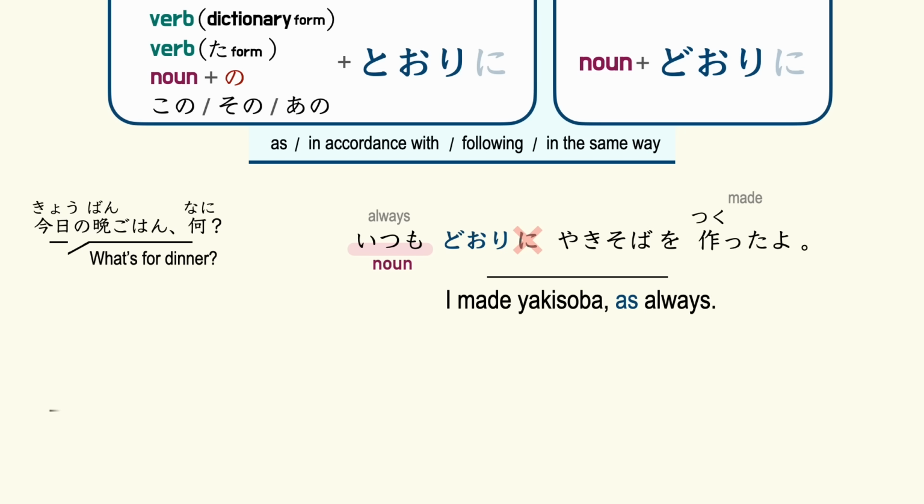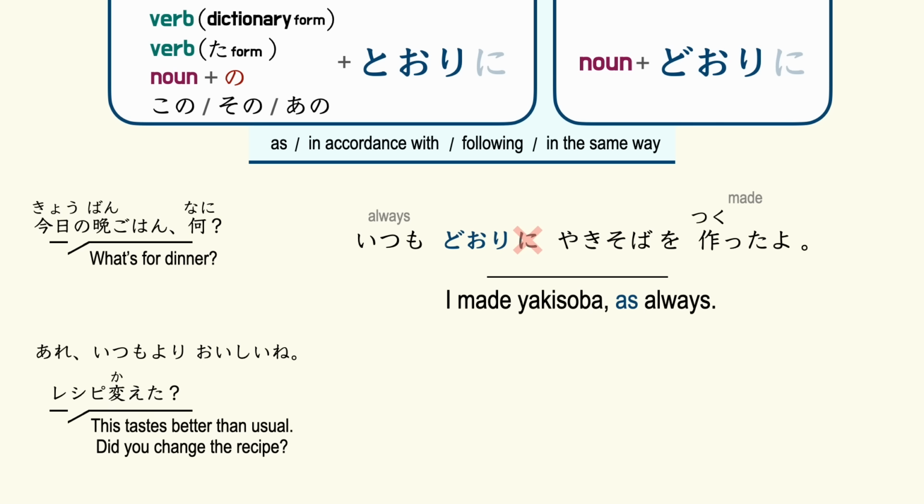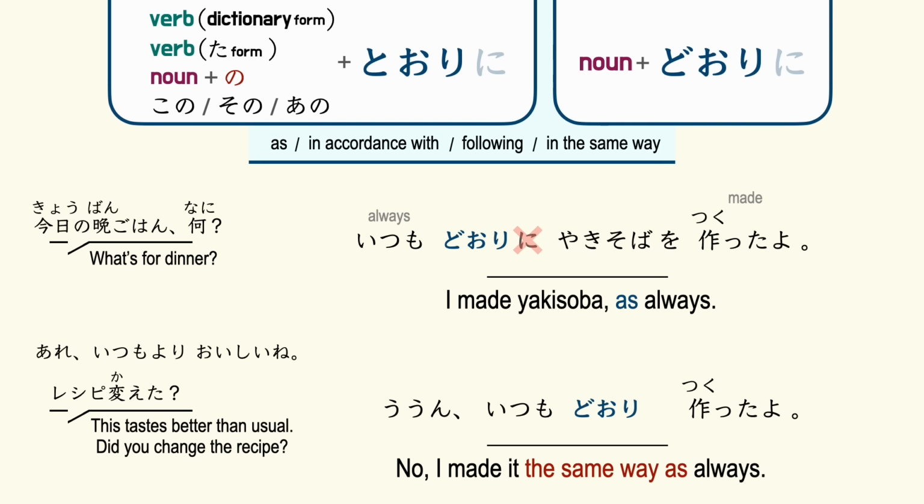But if they ask something like, あれ、いつもより美味しいね。レシピ変えた? Wow, this tastes better than usual. Did you change the recipe? To say, no, I made it the same way as always, it'd be, いつも通りに作ったよ。This ni sounds very natural, because it explains how you made the yakisoba. However, again, it's also okay to omit it.